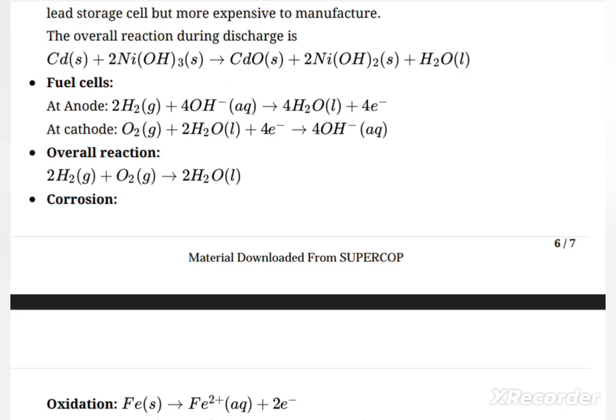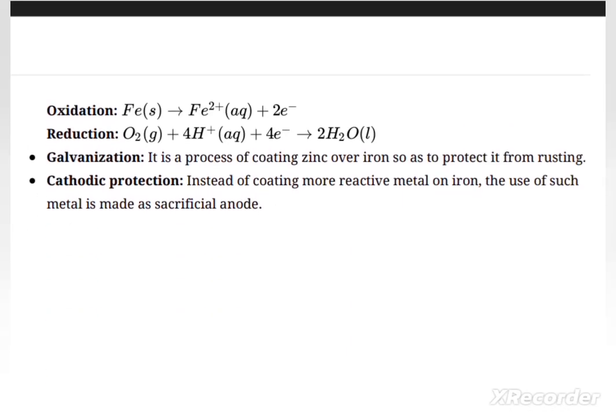Corrosion. What is meant by corrosion? Oxidation reaction: Fe gives Fe2+ plus 2 electrons. Reduction: O2 plus 4H+ plus 4 electrons gives 2H2O. Galvanization is the process of coating zinc over iron so as to protect it from rusting.